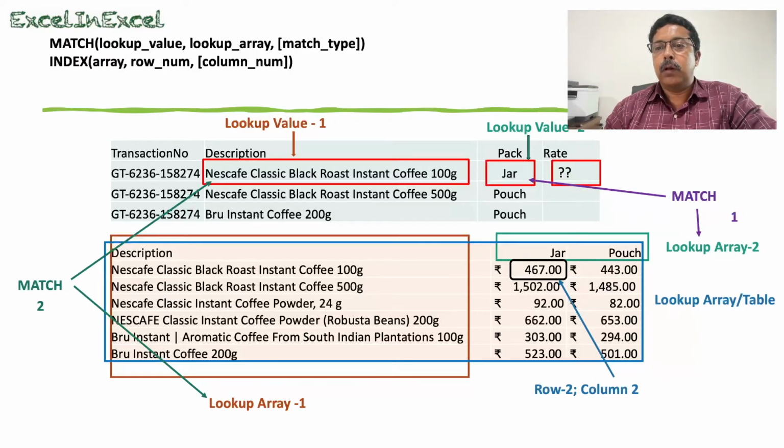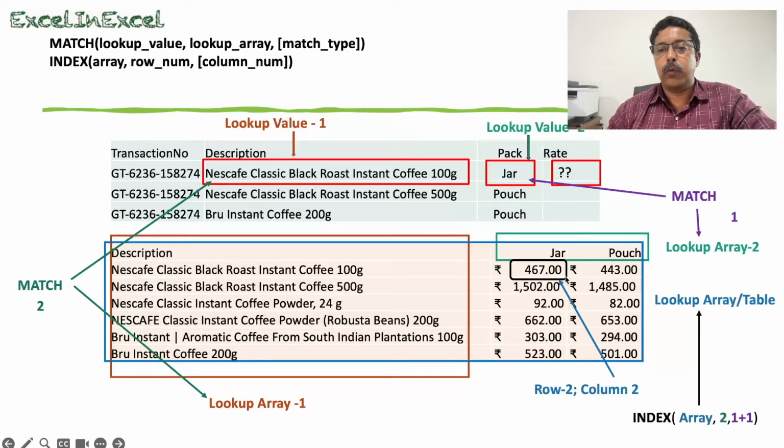Therefore, if we are using the INDEX function now, this blue array is our array from where we want to extract this one, which is at row 2, column 2. The position of row 2 we have already got from this MATCH out here, and the position of column 2 we got as 1 from this MATCH, and we just add 1.